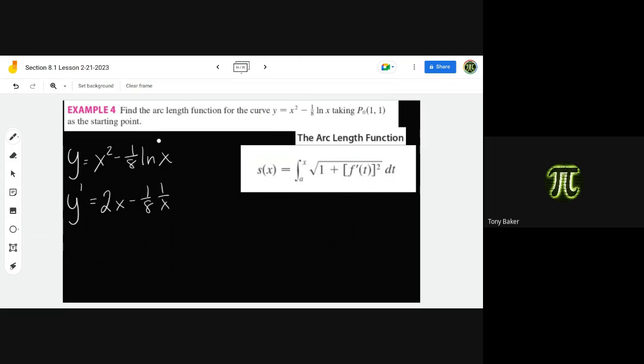Because ln of x becomes 1 over x. So it's 2x minus 1 over 8x. All right. So let's look at this square root. So if I plug this in, my square root, I'm going to have 1 plus 2x minus 1 over 8x, squared.